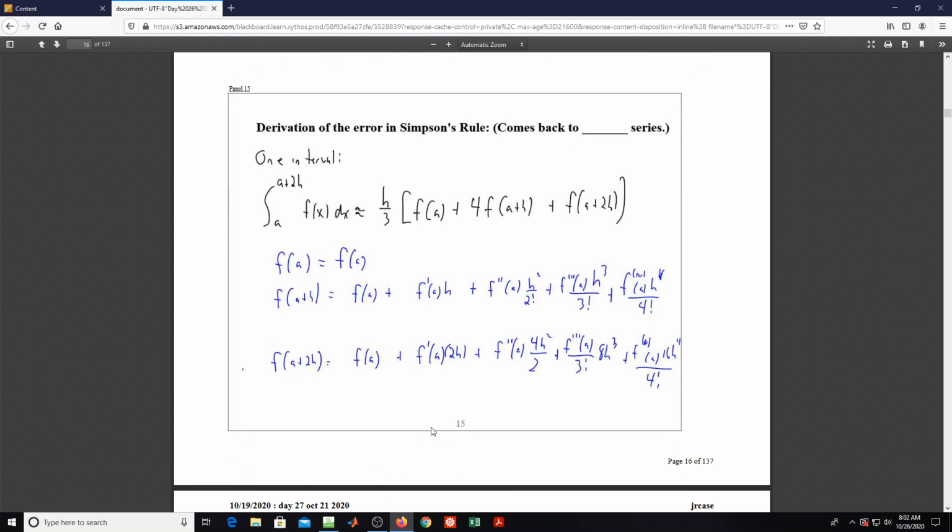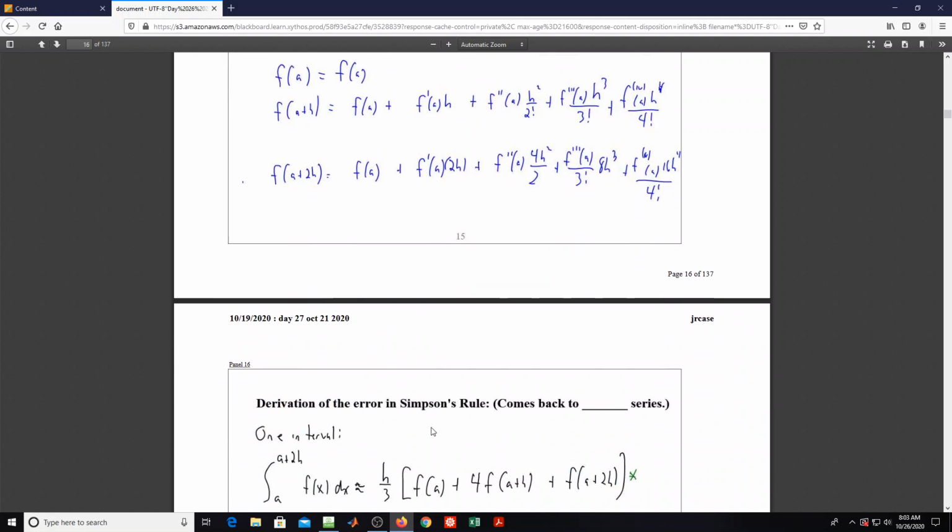on the math stats test. We also showed you how to derive the error in Simpson's rule by setting up the Taylor series expansion with 1h and 2h, finding some linear combination so it cancels out the f of a, the f prime of a, the f double prime of a, and f triple prime of a.